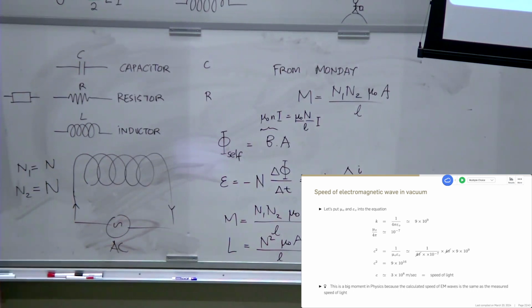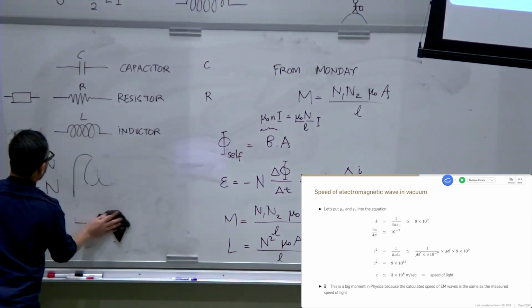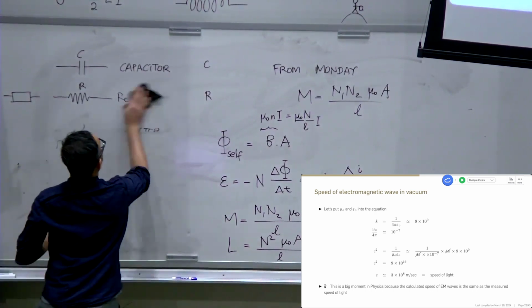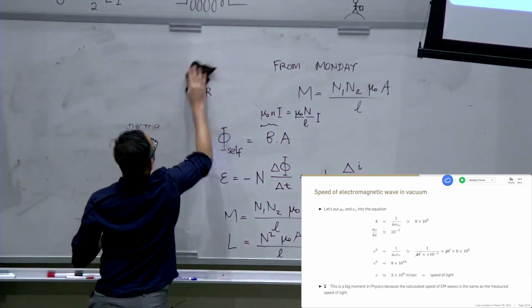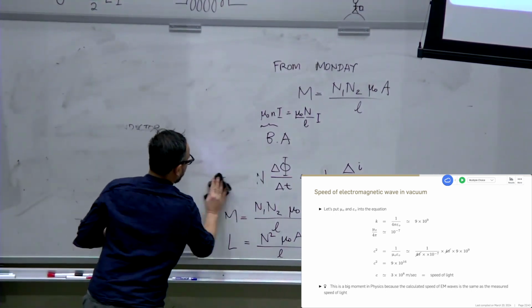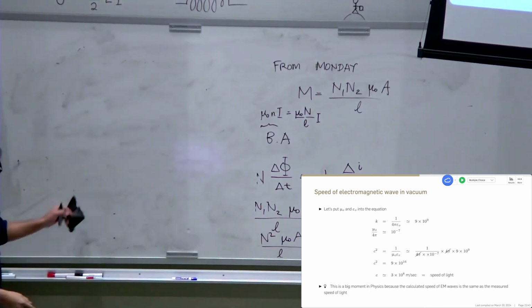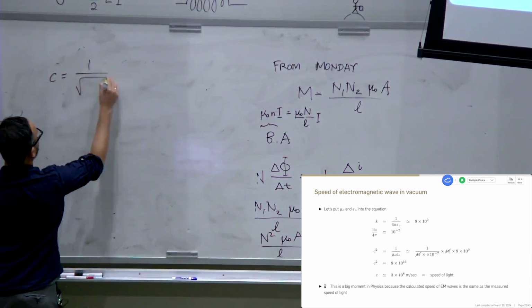Let me erase this whiteboard. So C is 1 over the square root of epsilon naught and mu naught.